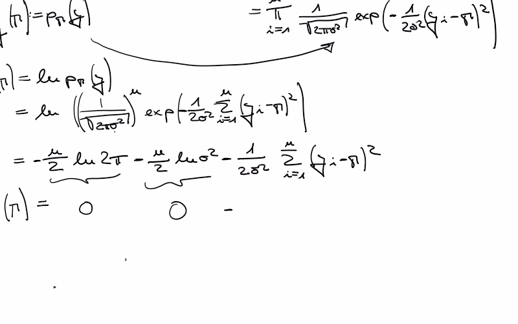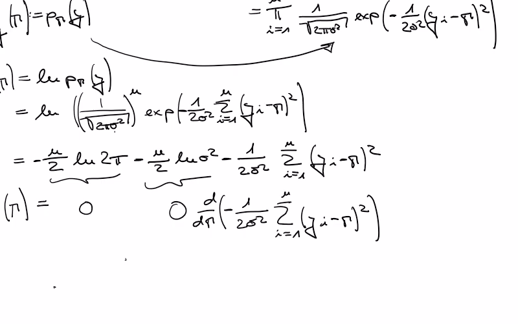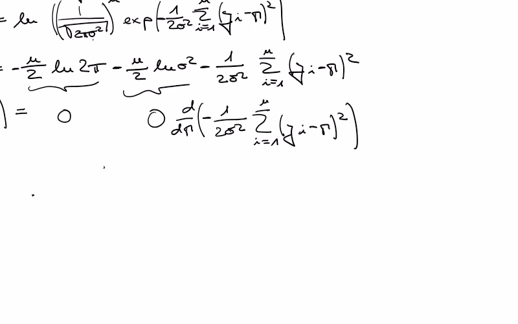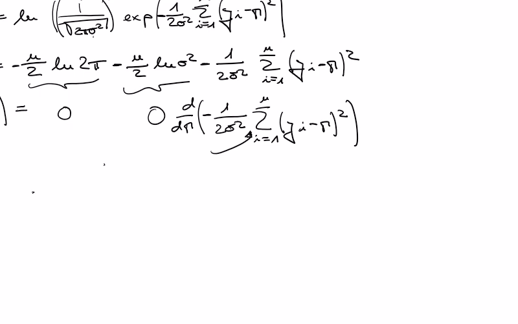The derivative with respect to mu of this thing looks as follows. And then derivatives are linear, so you can put them into products if your variable of interest is there, and then also into sums.